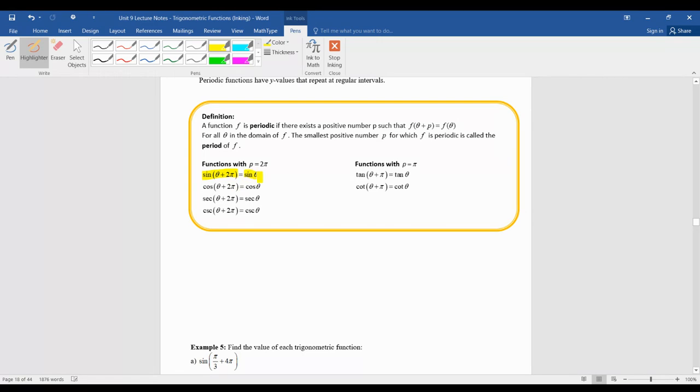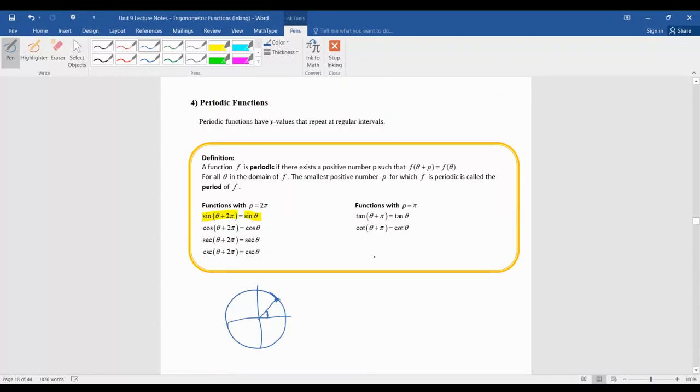So it means sine of theta plus 2 pi is simply the same as sine of theta. Well, let me show you how that works. So if we draw a circle, and let's say we take a 30 degrees angle theta, or let's just go back to the unit circle.